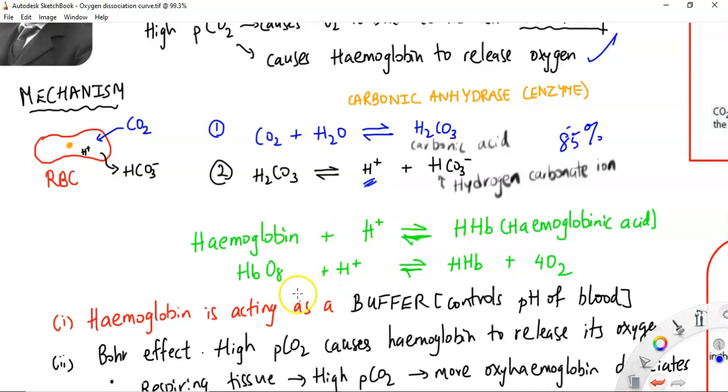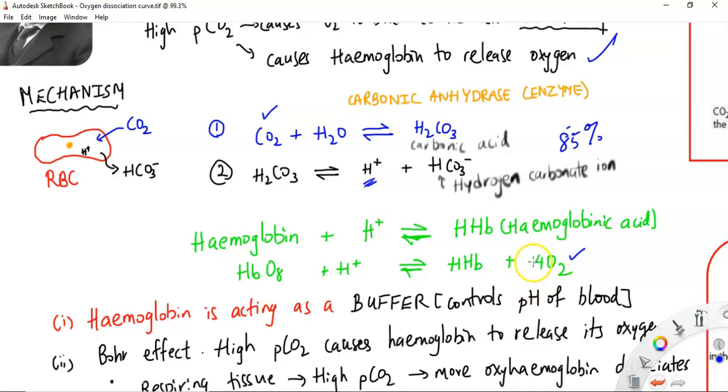That means if that hemoglobin was combined with oxygen, the H plus will cause the oxyhemoglobin to release its oxygen. So going back to the first step, we can conclude that the carbon dioxide triggered the oxyhemoglobin to dissociate and release oxygen.